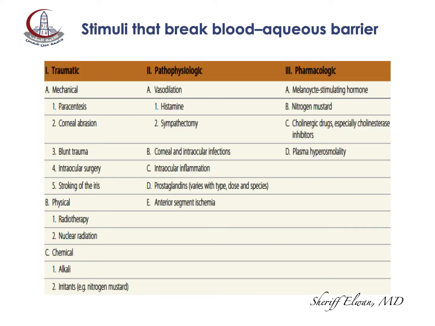And this table here shows the stimuli that may break the blood-aqueous barrier, and these are namely traumatic, pathophysiologic, or pharmacologic. The traumatic factors might be mechanical, physical, or chemical. The pathophysiologic include vasodilatation by drugs like histamine or due to sympathectomy, infections of the outside of the eye, surface infections, intraocular inflammation, prostaglandins, and anterior segment ischemia.